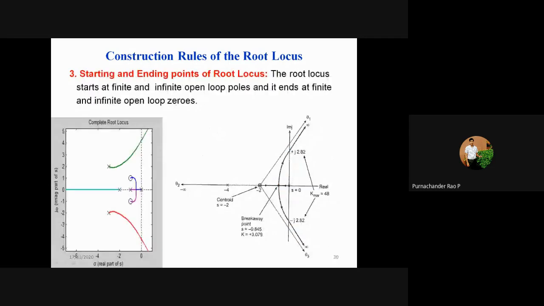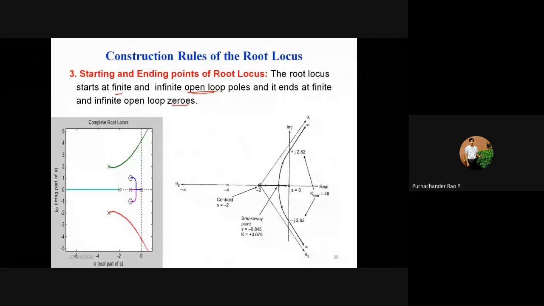Then the third one is the starting and ending points of the root locus. The root locus starts at finite and infinite open loop poles, and it ends at finite and infinite open loop zeros. Always remember that the root locus starts at a pole and ends at a zero.